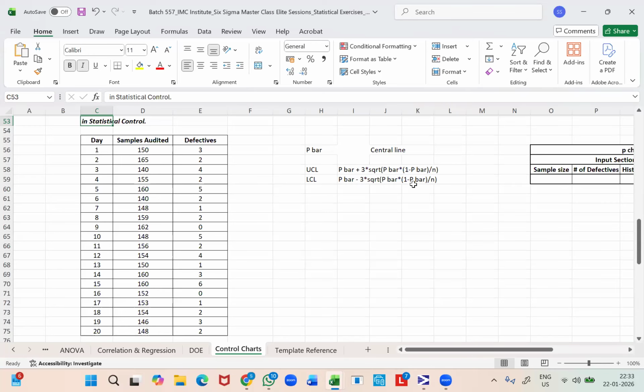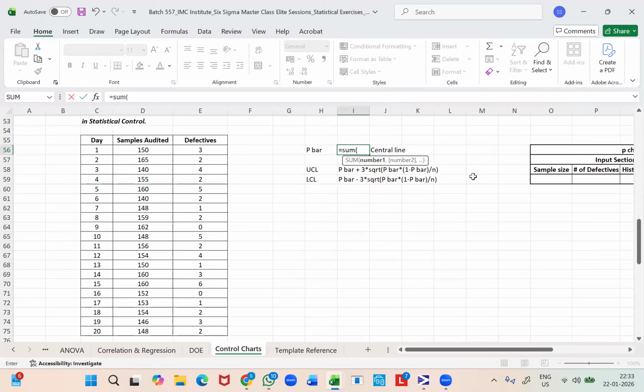For the P chart, first and foremost, we need to calculate the P bar value. The P bar value can be calculated by summing up the defectives count divided by the sum of the samples audited count. This will give me P bar, which will be the central line in the P chart.